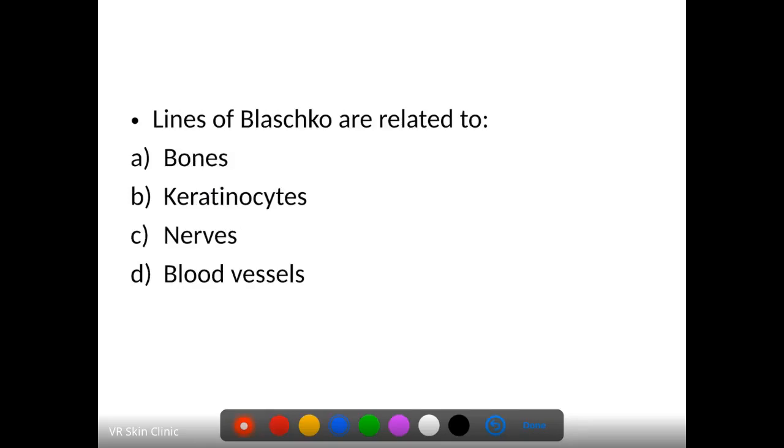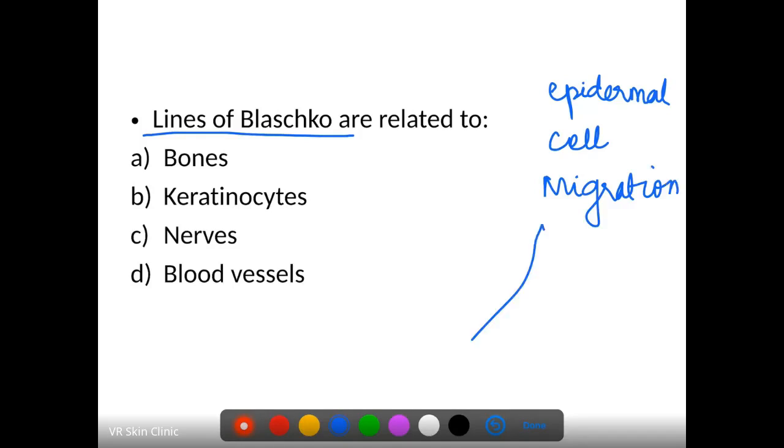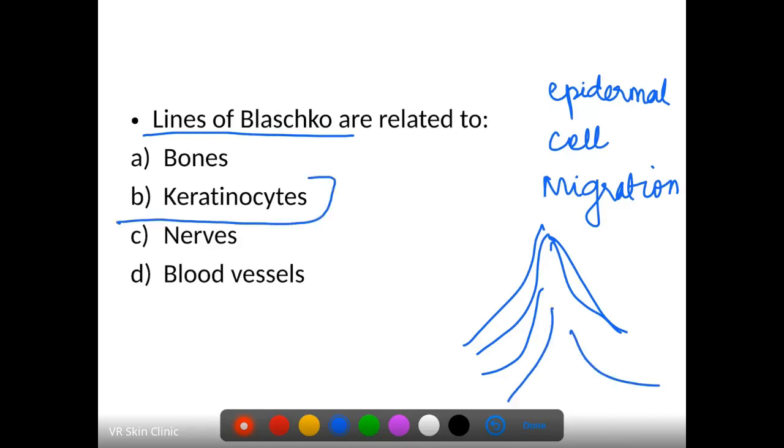Lines of Blaschko. I've told you this is a pattern of epidermal cell migration. So they follow specific lines, and it is different in different areas of the body. This is because it is epidermal cell migration. The only epidermal cell we see here is keratinocytes. So this is the answer.